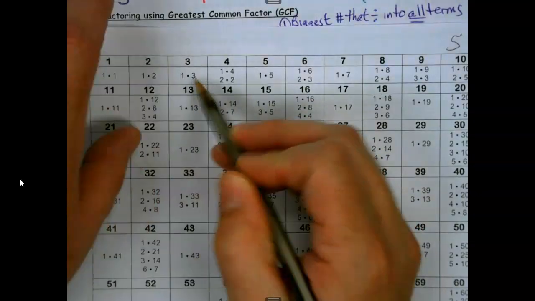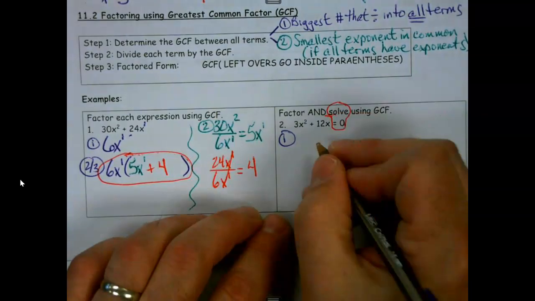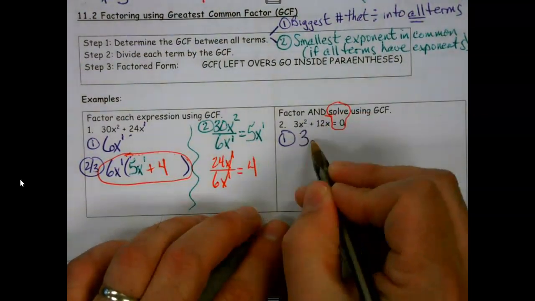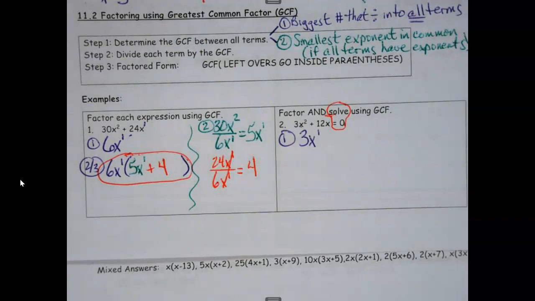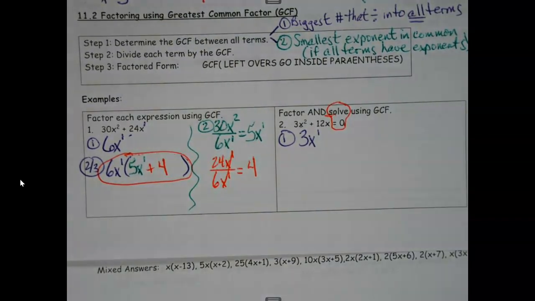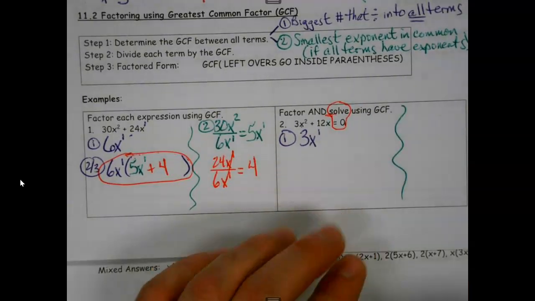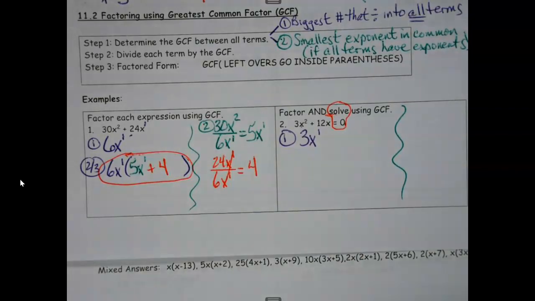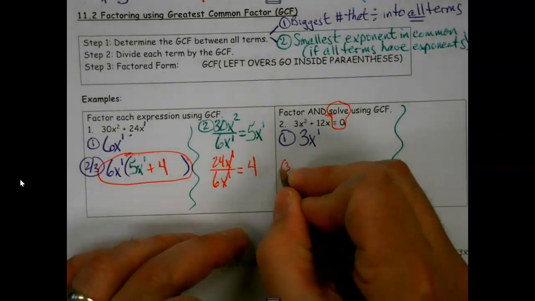I can get that from my chart. They do both have x, so I can have x or x to the first. And then again, totally up to you if you need the division part or not.